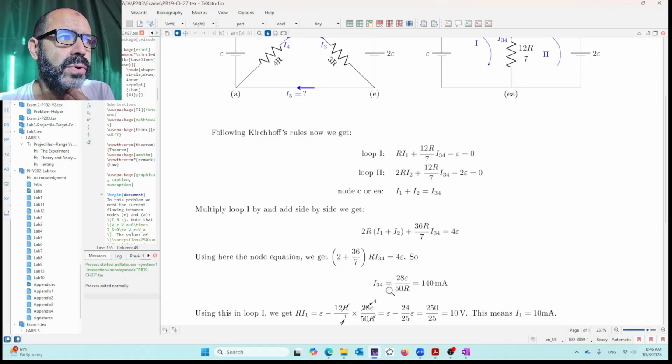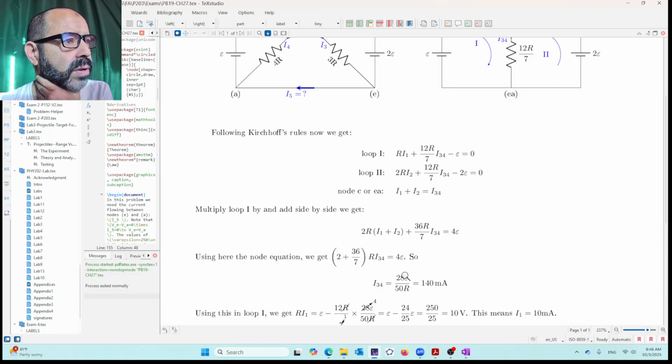Therefore, I34 is basically whatever the common denominator in here, which is going to be 7, but you flip it on the other side. 7 times 4 is 28. Don't forget the EMF. And then 7 times 2 is 14 plus 36, that's 50. So that's basically what you end up with, 28 over 50.